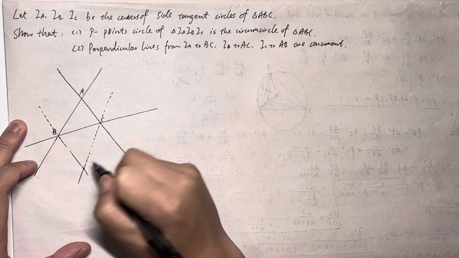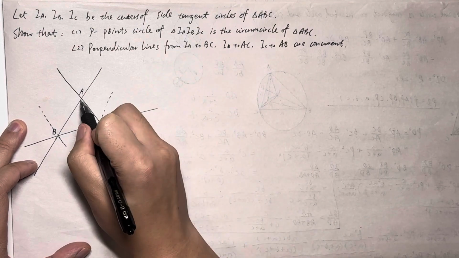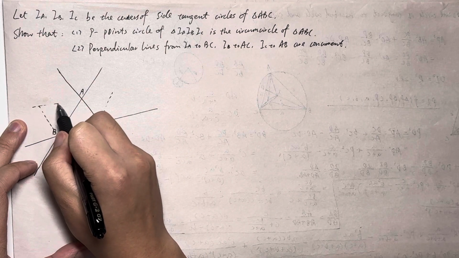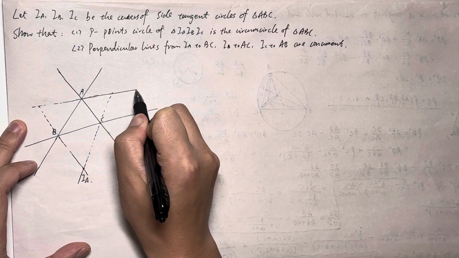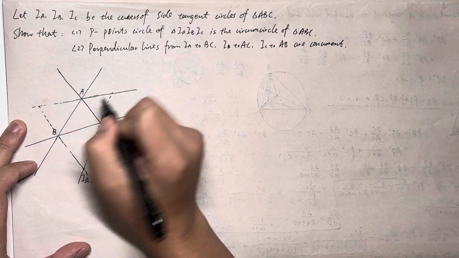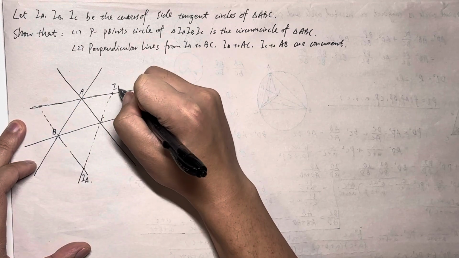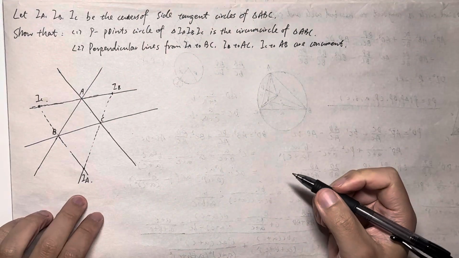So we know this is IA, right? And the angle bisector of this angle, roughly like this, right? So this would be IB, this would be IC, right?